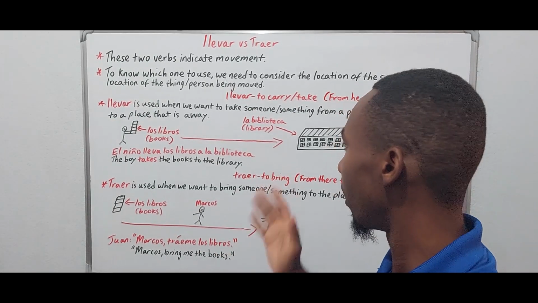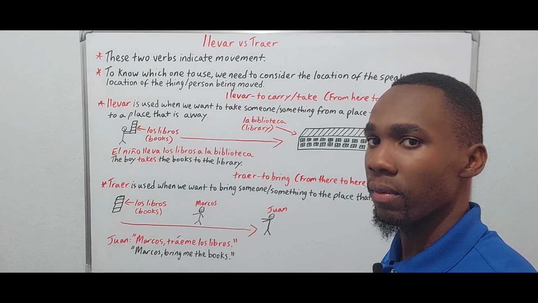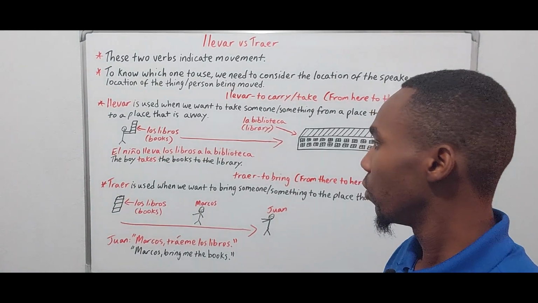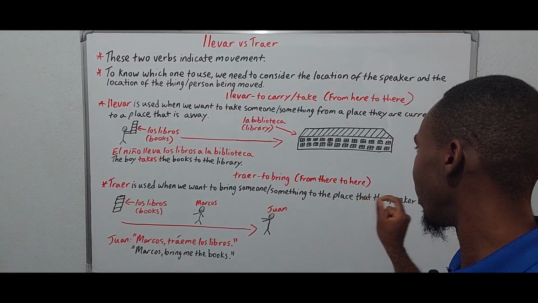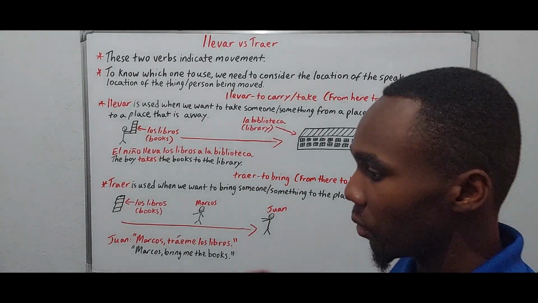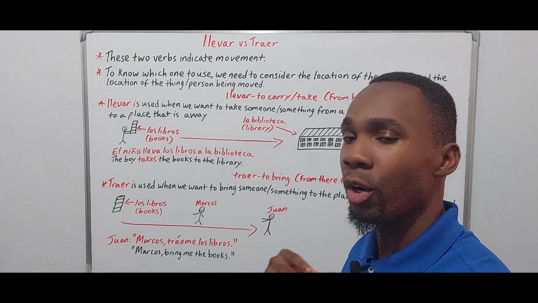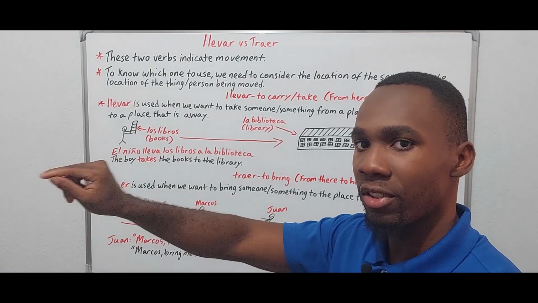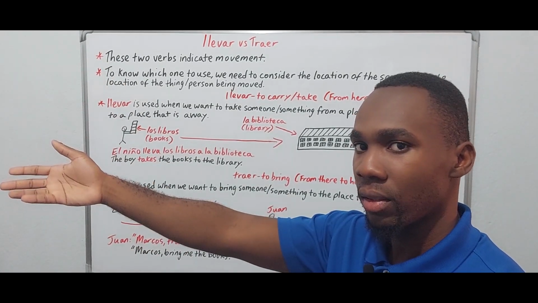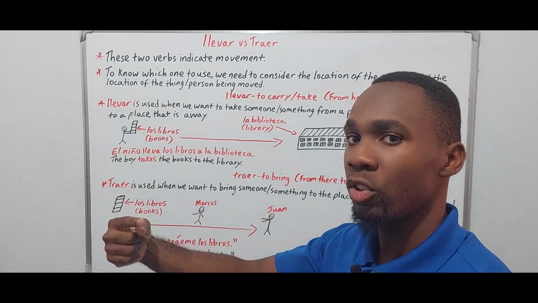So that's llevar. Traer. Now, traer means to bring, and this is the opposite. Traer is used when we want to bring someone or something to the place where the speaker is located. With llevar, the movement goes away from the speaker to another place. But with traer, the movement is towards the speaker.